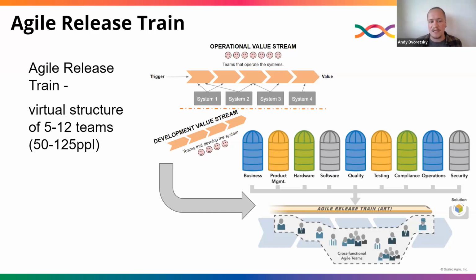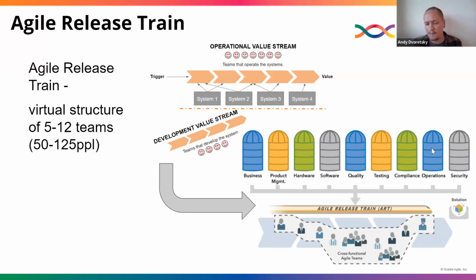Agile Release Trains are exactly those mentioned virtual structures. An Agile Release Train is a virtual structure of 5 to 12 teams, like 50 to 125 persons, cross departments, cross functional, cross hierarchical, organized around value. So we try to map the people needed in our development value streams so that they can actually implement an uninterrupted flow of value.